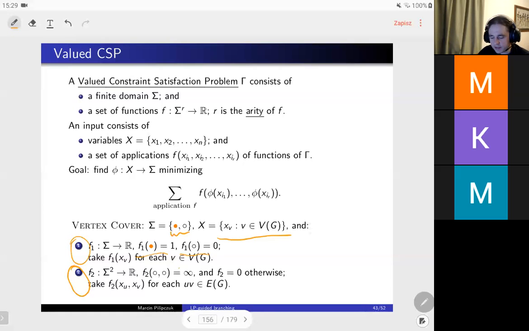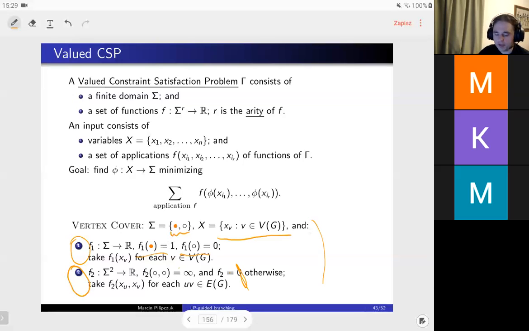And this is another formulation of vertex cover. Because the minimum cost of the solution is the minimum cost of the vertex cover, because you will never not take an endpoint of an edge, because you will pay infinity, and then you minimize the number of guys you take into a solution.